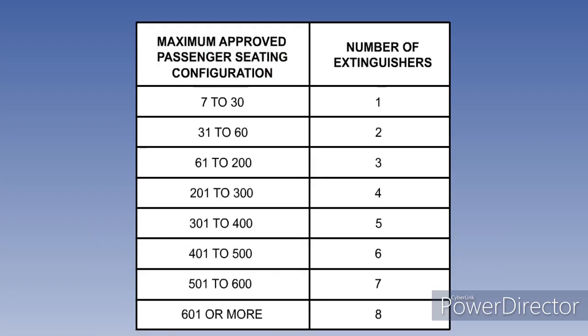There are regulations governing the number and location of handheld extinguishers. There should be sufficient to ensure adequate availability, depending on the number and capacity of passenger compartments, the locations of galleys, toilets and other compartments accessible to the crew, and the need to minimise the hazards of concentrations of toxic gas. The table on the screen shows the correlation between passenger numbers and extinguishers.